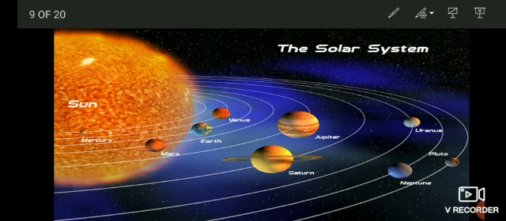Now if we see about stars, stars have the capacity of producing light and heat on their own, whereas the planets just reflect the light of the stars.